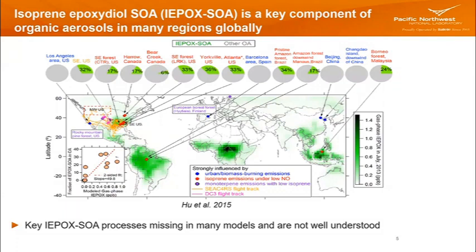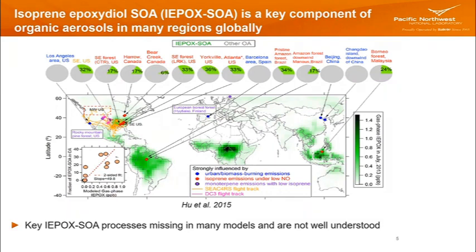And if you look here, this is from the Hu et al. 2015 paper, there were several places. The pie charts in green are the component of IEPOX SOA, and the shaded regions are just GEOS-Chem predictions of IEPOX gas.